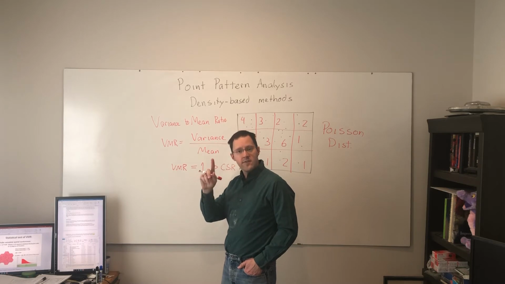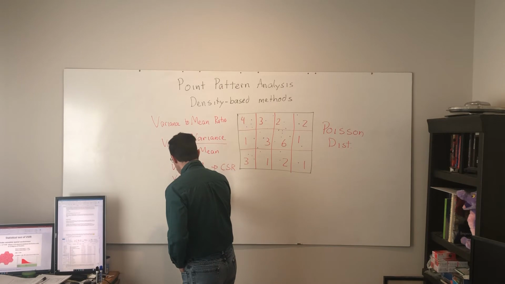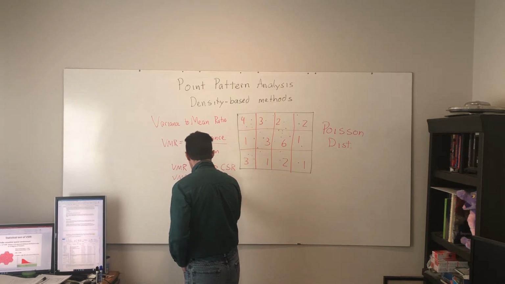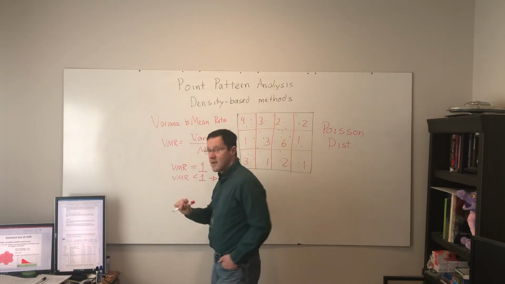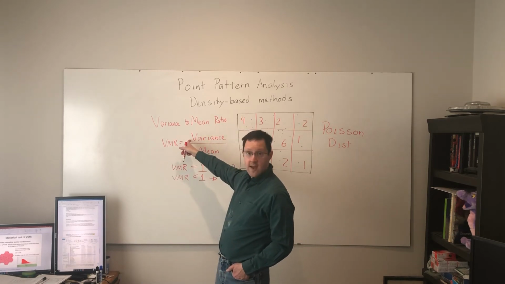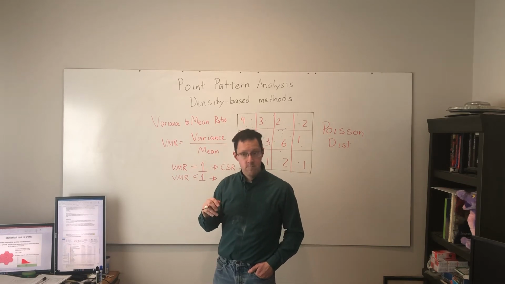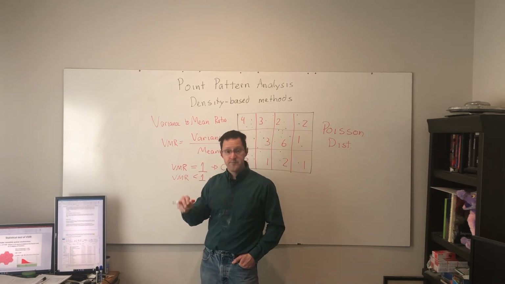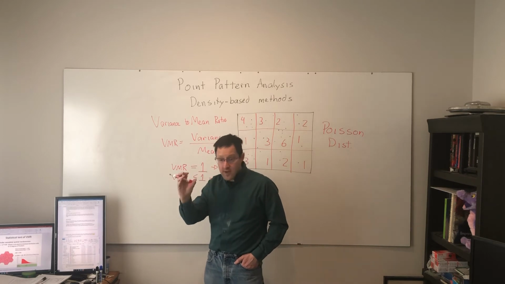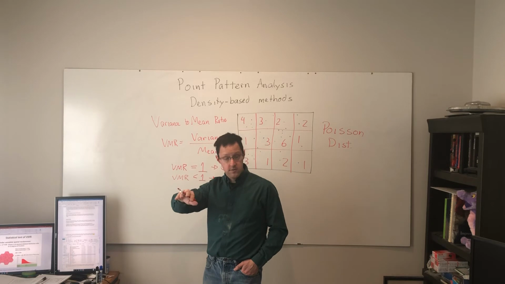If it is less than 1, then, okay, how do I get less than 1 on this ratio? My variance is too small. My variance is smaller than it should be. How can I get the variance of the number of points per cell lower?